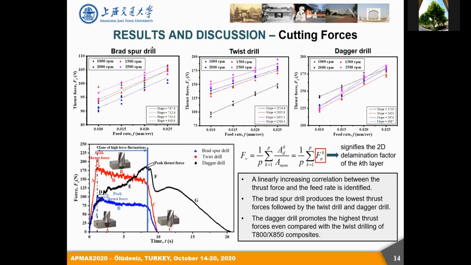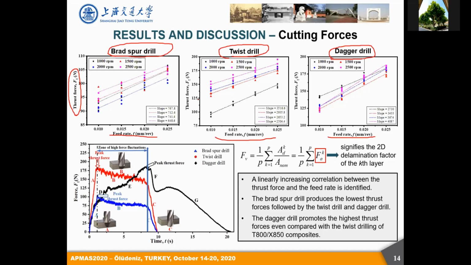After the experiments, we will seek to identify the parametric effects on the drilling responses of the high-strength CFRP materials when using the different types of specialized drill bits. This slide presents the results of the thrust force as a function of the different machining parameters, as well as for the different types of drill bits: the bullet spur drills, the twist drills, and the duck drills.